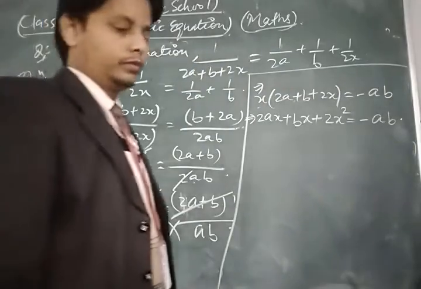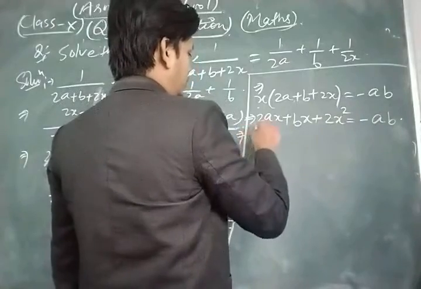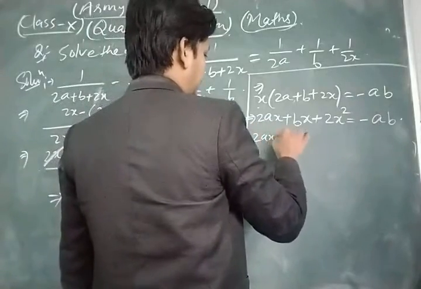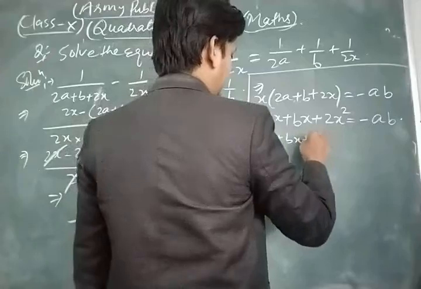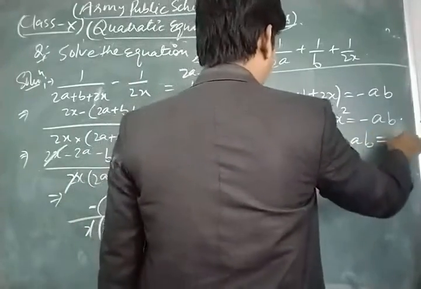Now look, we transfer minus ab to that side. Okay, so we have 2ax plus bx plus 2x squared plus ab is equal to 0.